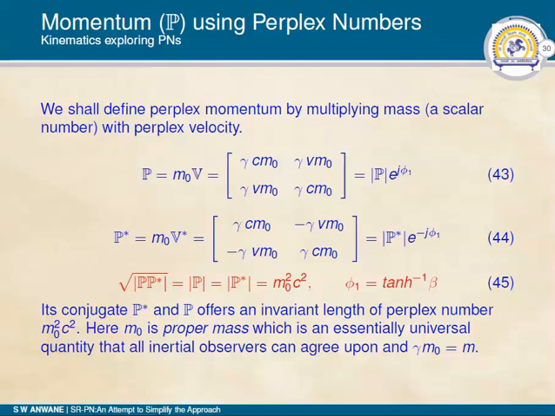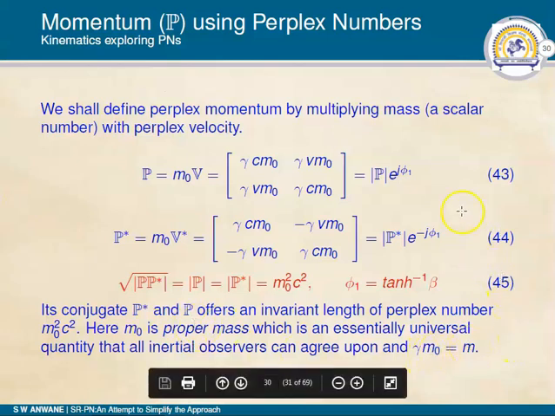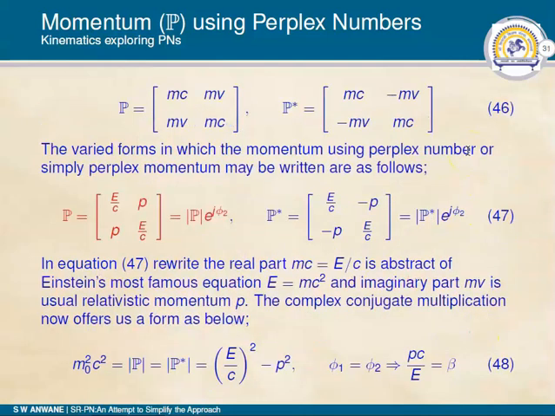Moreover, I would like to emphasize that the proper mass m0 and the velocity-dependent mass are related by the equation appearing at the end here, m equal to gamma times m0. Now the perplex momentum I am writing as the ordered pair (mc, mv).